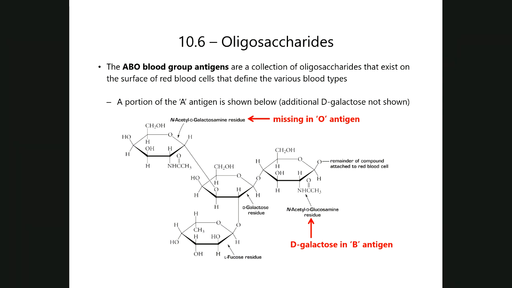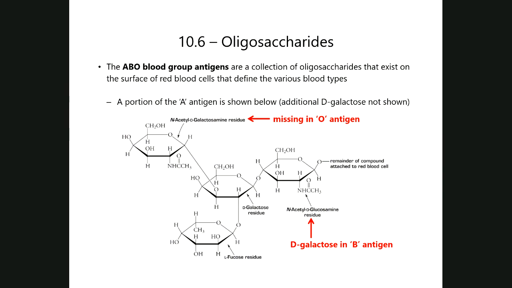So the ABO blood group antigens are a collection of oligosaccharide structures that exist on the surface of your red blood cells, and depending on which red blood cell type you are, that determines which collection of oligosaccharides your cells are carrying. Over here is just a little snapshot of what the A antigen looks like. And then we give you some information on what's different in the O, what's different in the B.